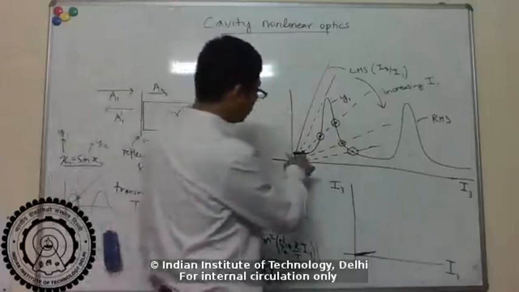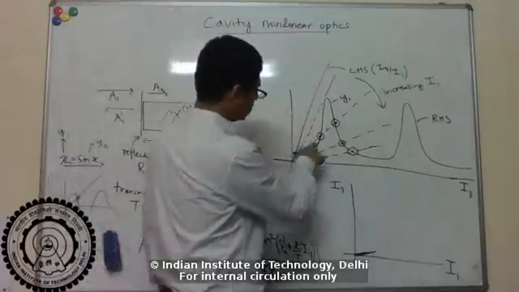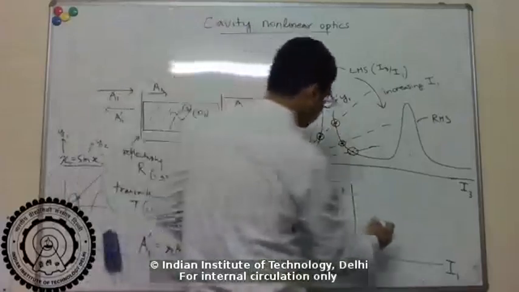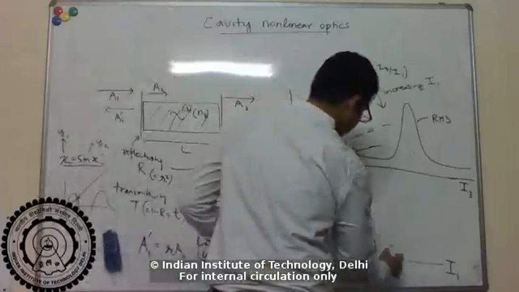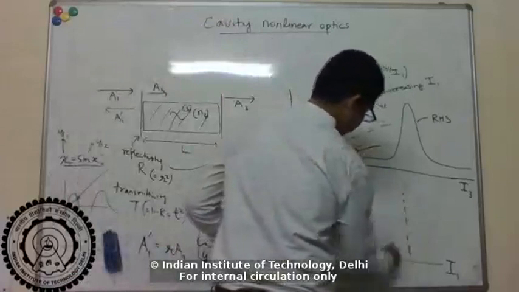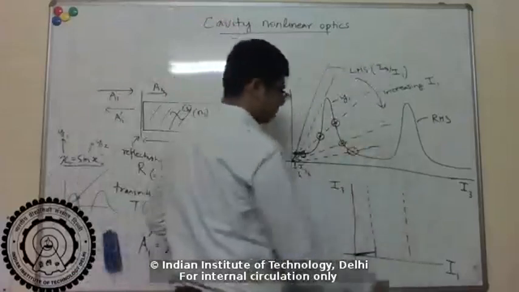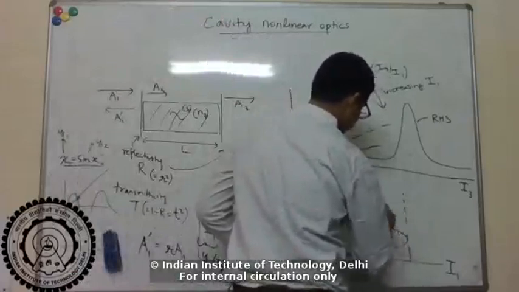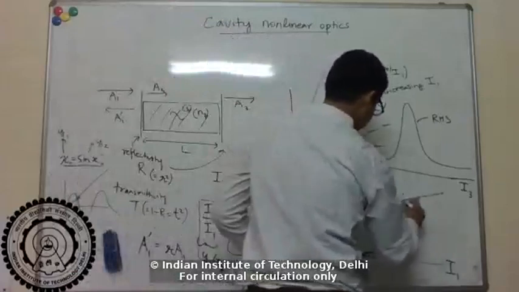Then at some point, suddenly what happens? I get three solutions. In some range, once you pass a certain input intensity, you start getting three solutions. So that's represented something like this.